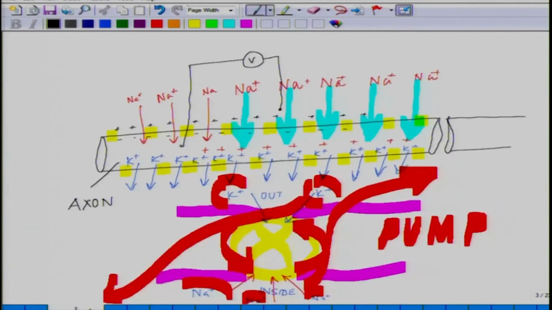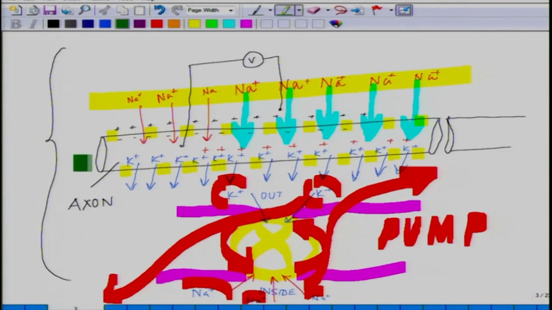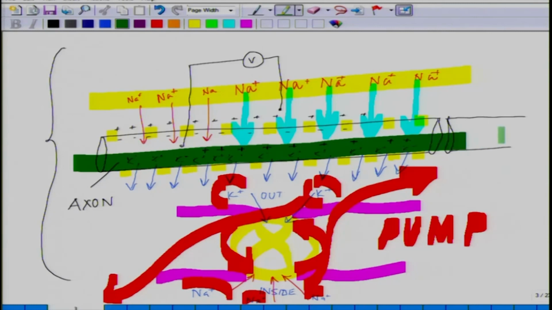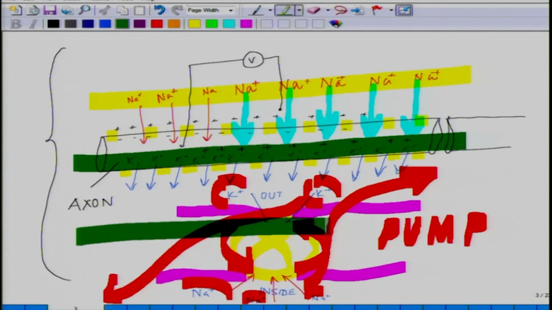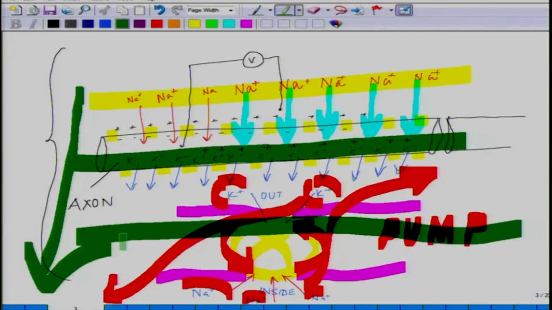Then we talked about the different stages of the action potential: stage 1, movement of sodium, followed by stage 2, movement of potassium, followed by the pump phenomena. So, these are the 3 events which are taking place.